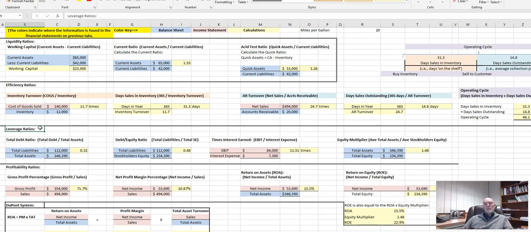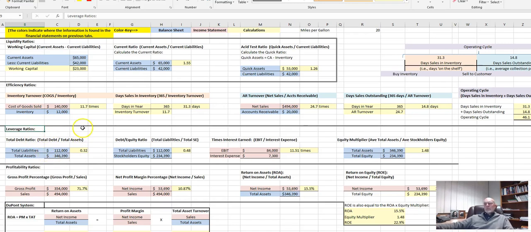So that's the idea behind leverage. If your borrowed dollars are generating profits more than those borrowed dollars are costing, we call that positive leverage. And if the borrowed dollars are actually hurting you, meaning costing more than they're generating in profit, we call that negative financial leverage. But we'll look a little bit more at that in a second.